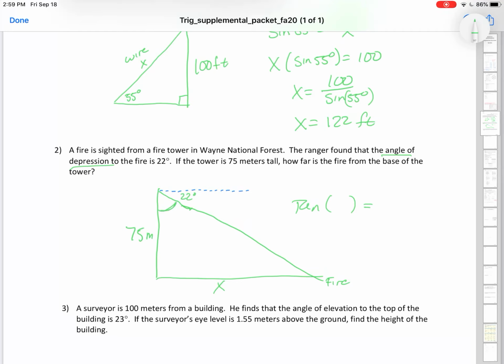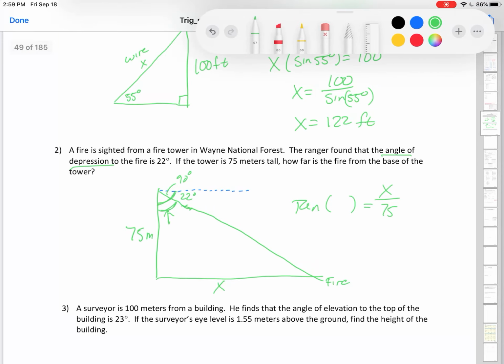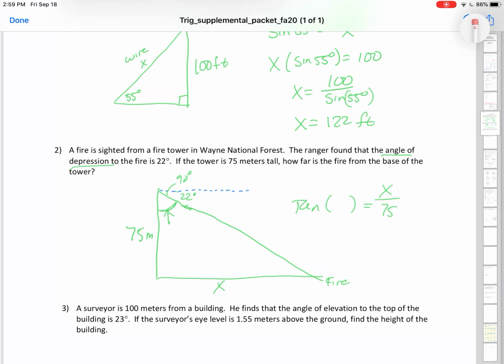We can find that. Tangent of that angle would be opposite over adjacent. Well, what is that angle? If it's 22 degrees from the green line to the blue line, well, it's 90 degrees right here, right? We know that that's 90 degrees. So the makeup, this angle right here, and let me come in here with a different color so it doesn't seem so confusing.